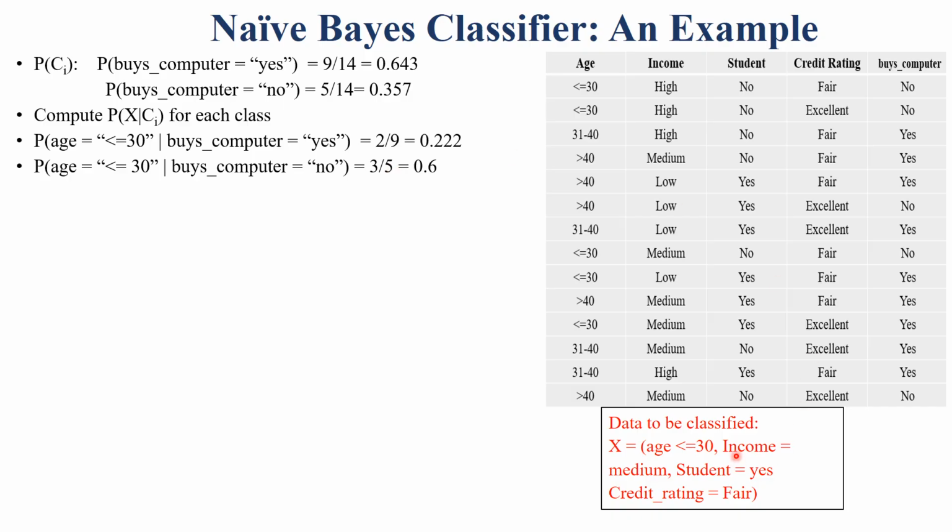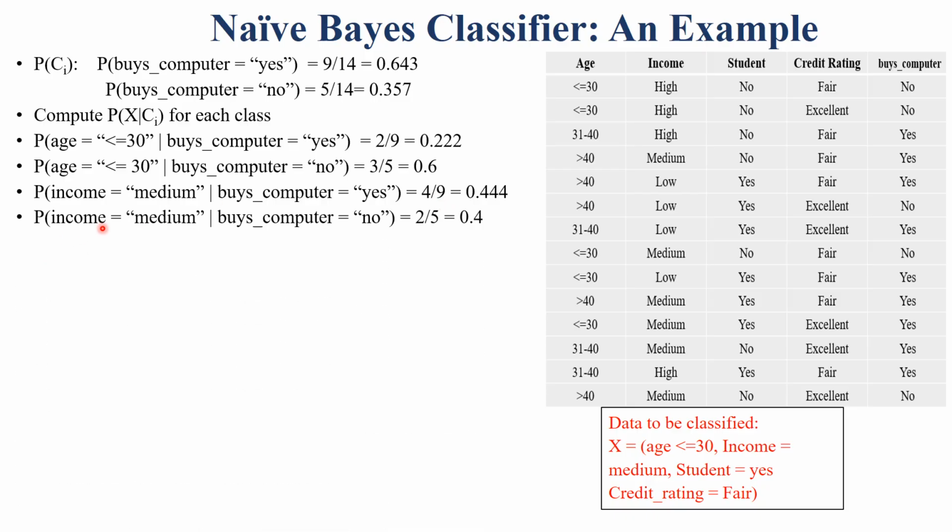Then the next value is for the income medium. So the probability of income equal to medium given buys computer equal to yes is 4 by 9. So 4 records are having the income as medium out of the 9 records. Probability of income medium given buys computer equal to no: there are only 2 records out of the 5 whose income is medium, for the class buys computer equal to no.